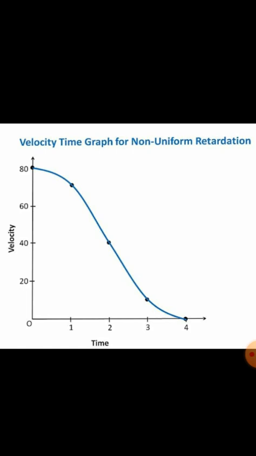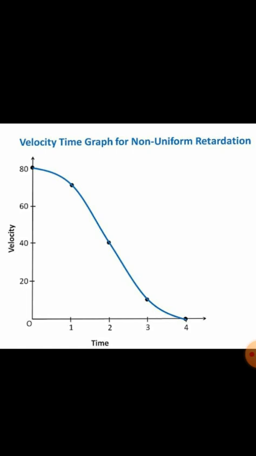I hope all have understood about velocity time graphs. As we have already discussed, we have two important aspects in velocity time graphs. The first one, slope of these graphs will give acceleration, and the area enclosed by the graph with the time axis will give distance.